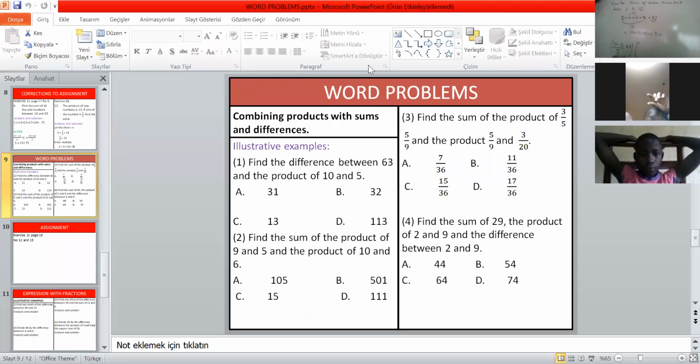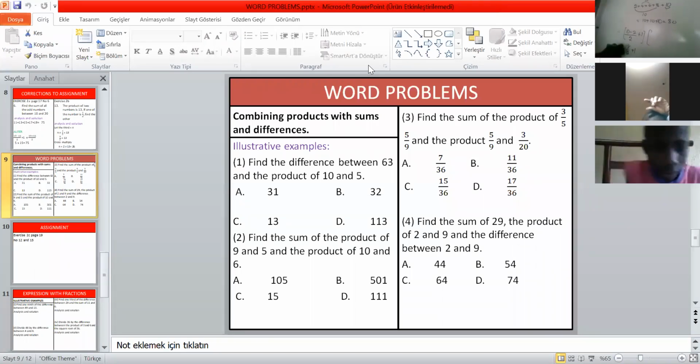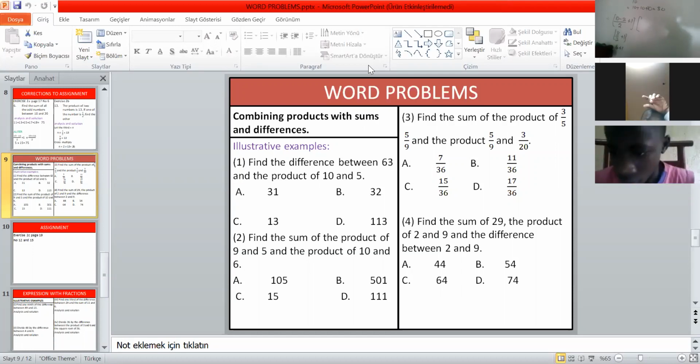This one gives you 8 over 2 plus 1, and this one gives you 4 plus 1, and this one gives you 5. This is coming from the number of digits you have: 1, 2, 3, 4, 5.